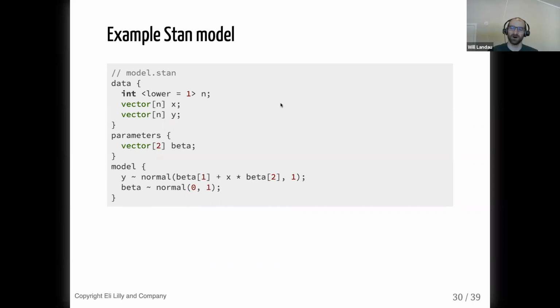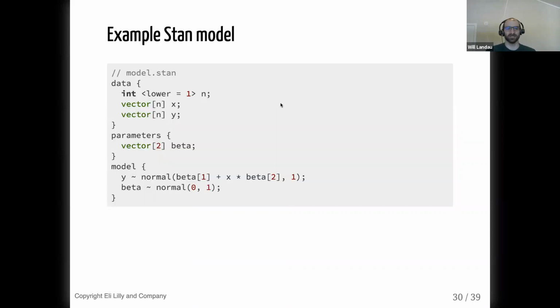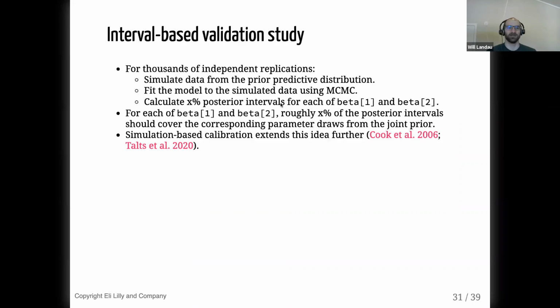So this is the model, and suppose I code up this model, I write it in Stan, and before I actually use it for something serious, I want to make sure that it's giving reasonably correct answers. There are a bunch of ways to do this in Bayesian statistics, and simulation-based calibration is one of these techniques.